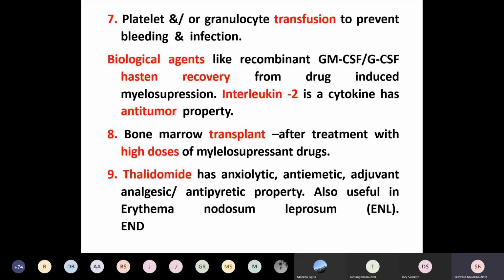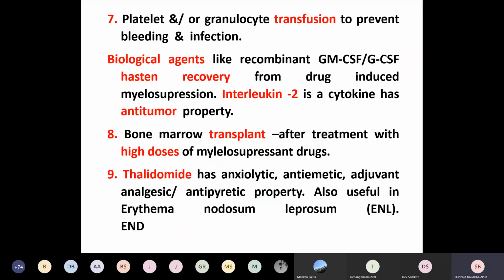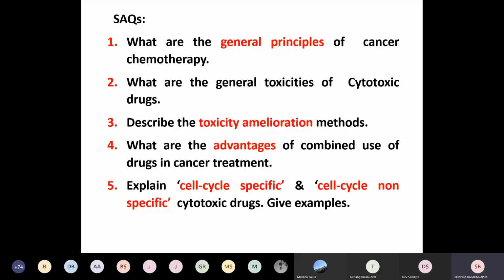It also has anxiolytic, antiemetic and analgesic properties, so that can be used. So these are some of the measures you can take to minimize the adverse drug effects.